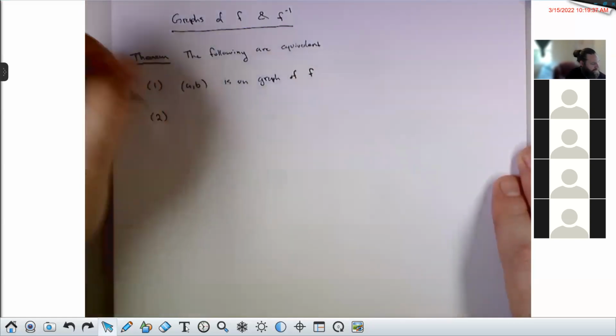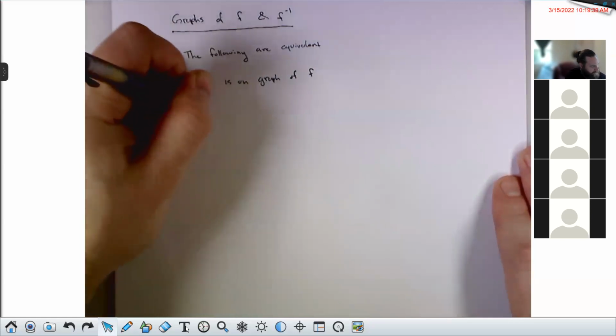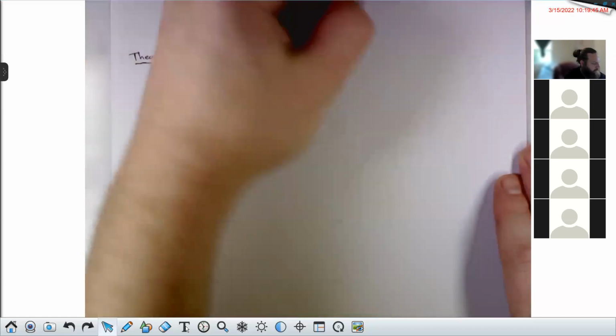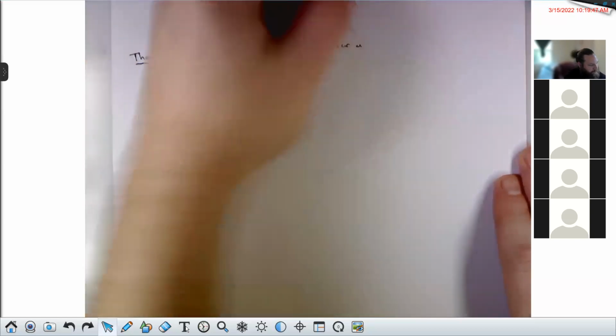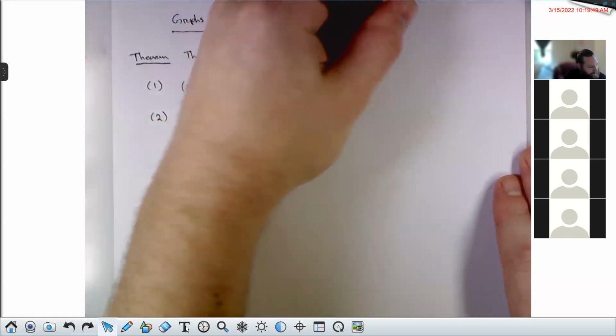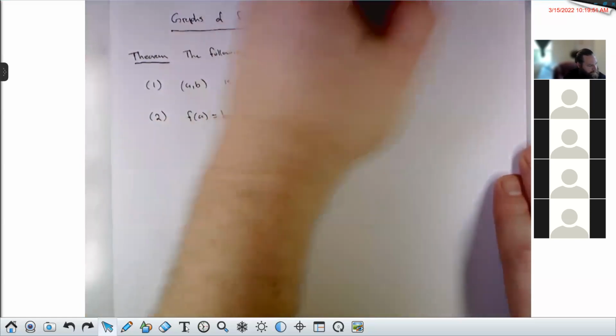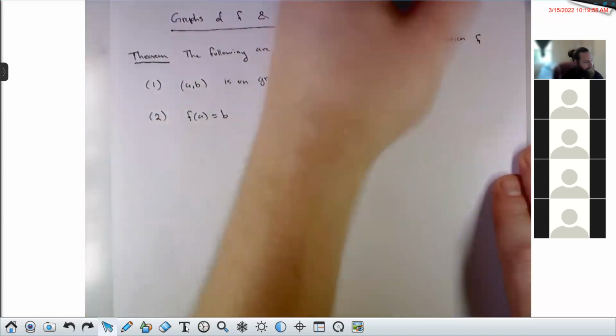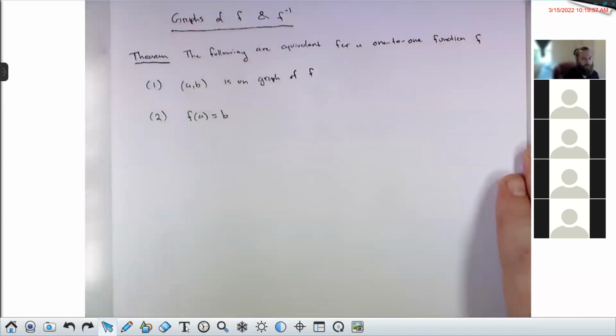This means that F of A is equal to B. I should say for a one-to-one function F. Right, that's what it means to say that (A, B) is on the graph.